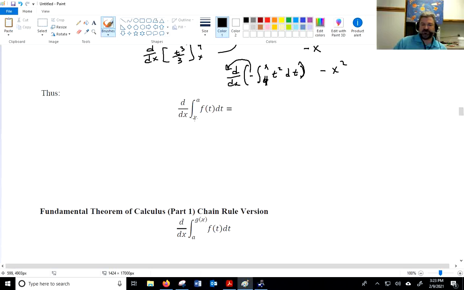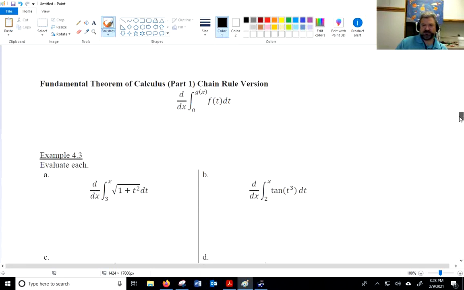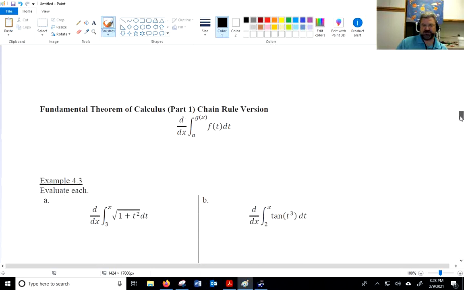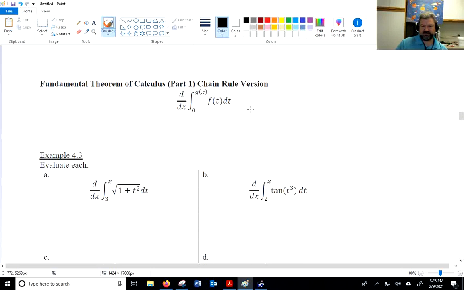All right, so in general, we'll say that the derivative with respect to x of the integral from some value x up to a of f of t dt is negative f of x. All right, the Fundamental Theorem of Calculus Part 1, chain rule version, let's take a look at that.